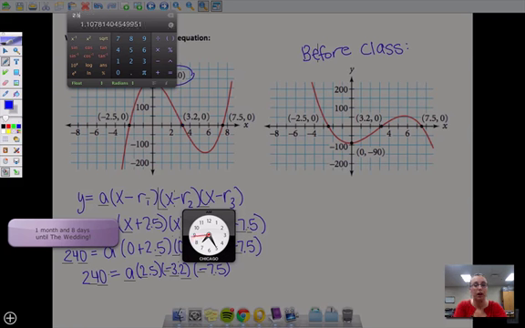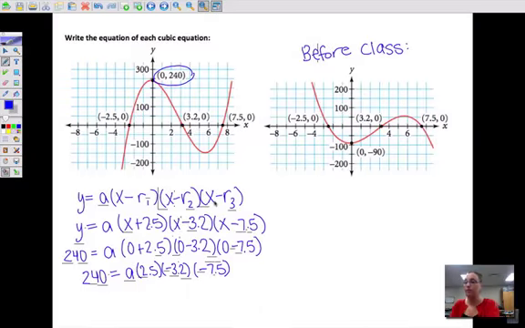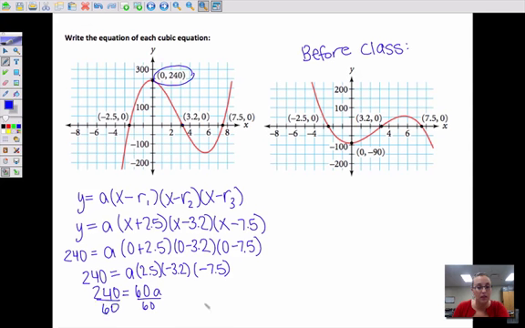So 2.5 times -3.2 times -7.5, that's 60. So 240 equals 60 times a. And then I'll just divide by 60 to get my scale factor a solved for, which should give me 4.